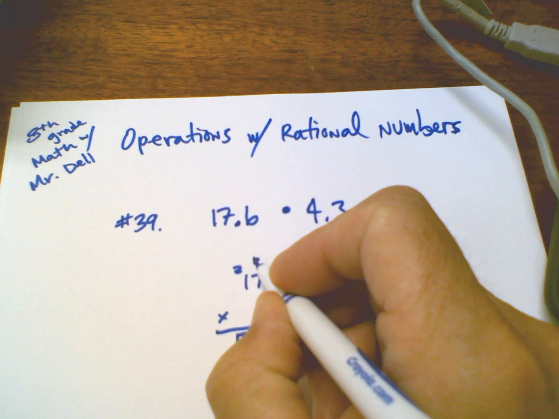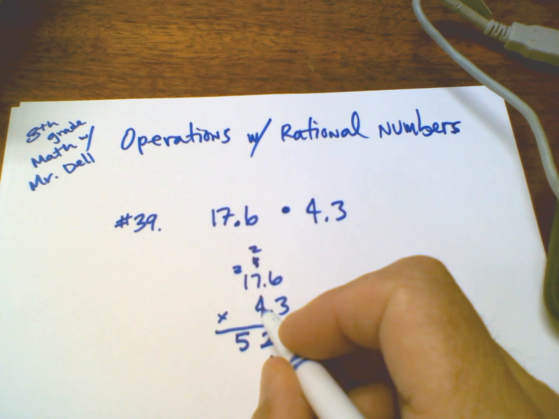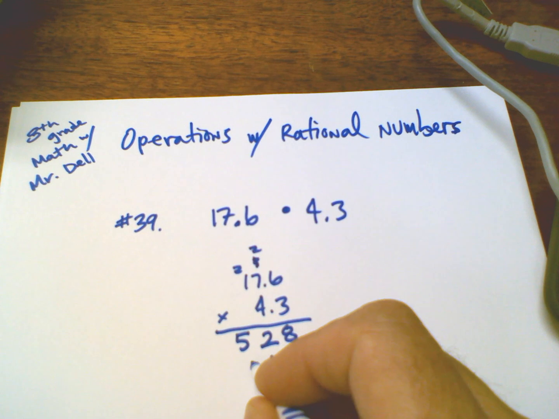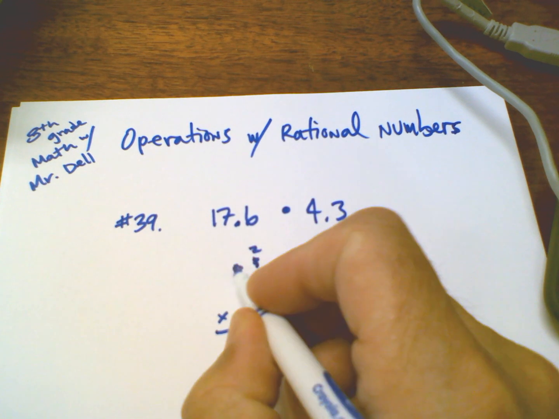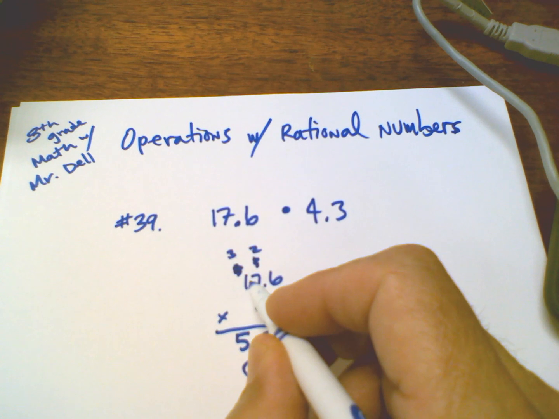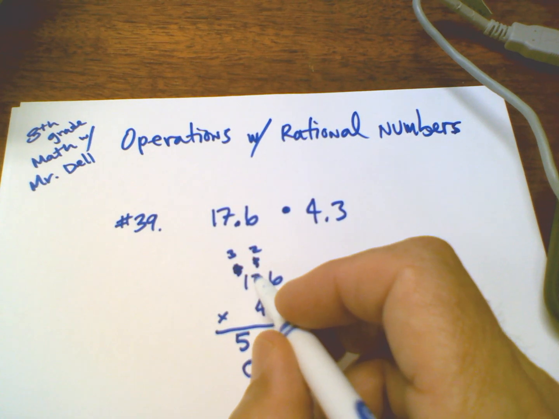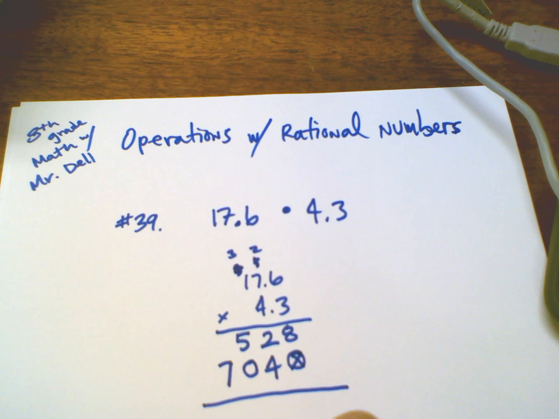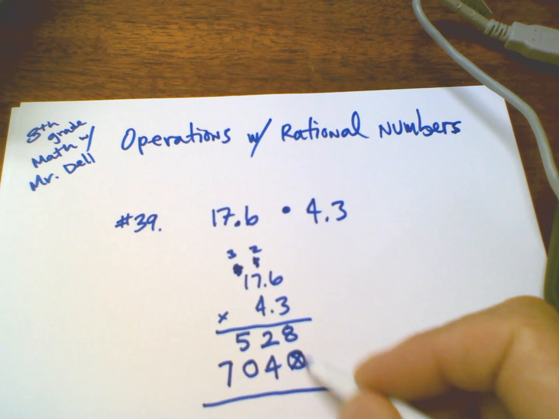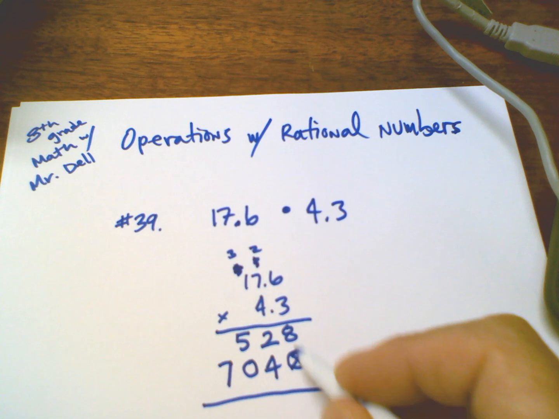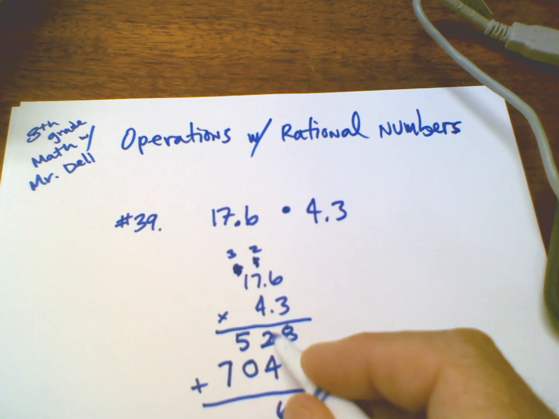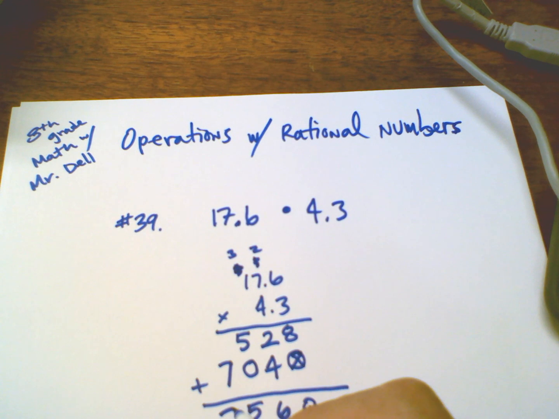Carry the 2. 4 times 7 is 28. Plus 2 makes it 30. So put down the 0. Carry the 3. 4 times 1 is 4. Plus 3 is 7. So we have our digits lined up. Our space here. So that is 8 plus that 0, 8. Add those up. We get 6, 5, 7.